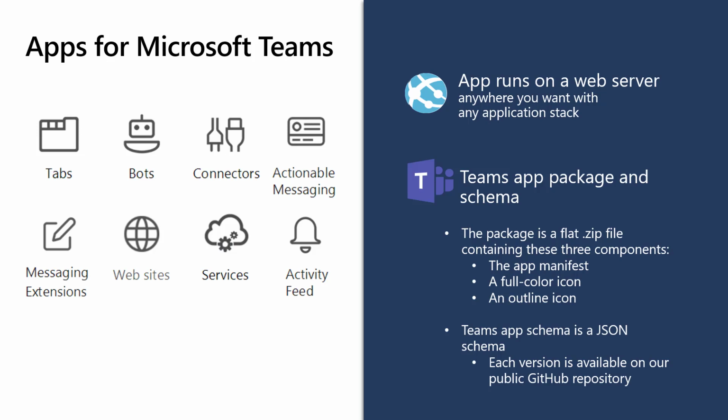And the Teams app package will be a simple zip file containing the app manifest, full color icon, and outline icon. Our Teams app schema will be a JSON schema, and all versions are available on the Microsoft Teams public GitHub repository.